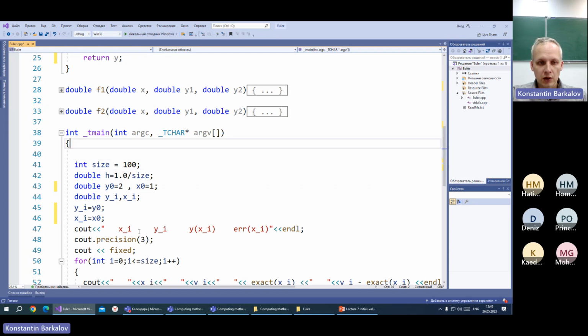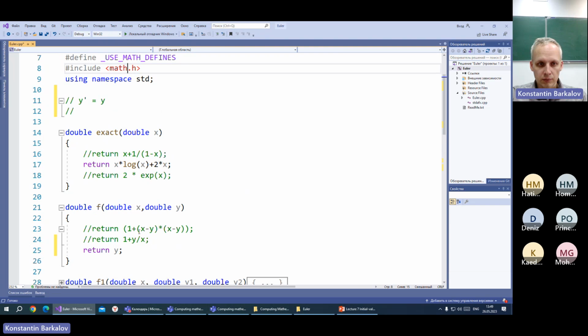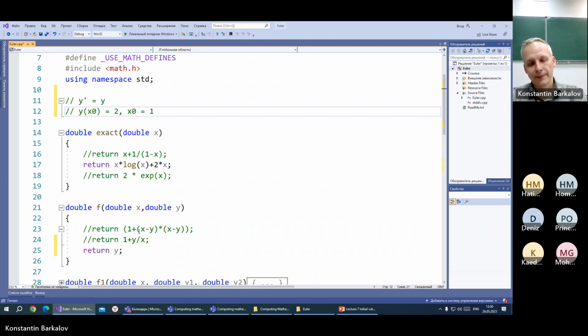Suppose that y at the point x0 equals 2 and x0 equals 1. This is a problem statement.